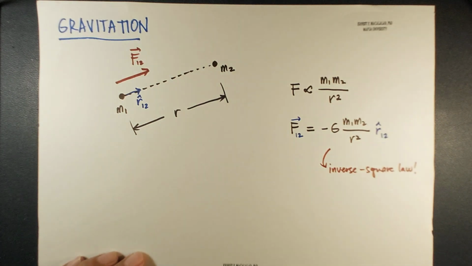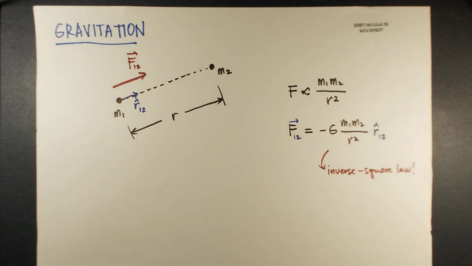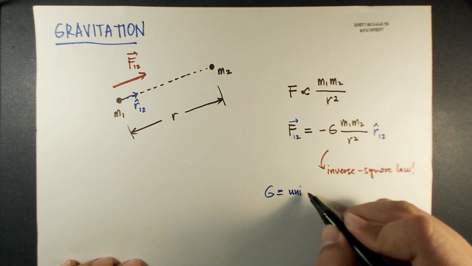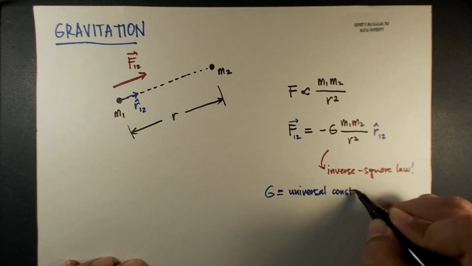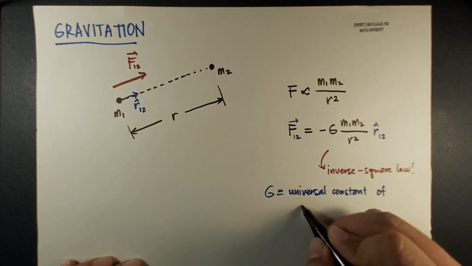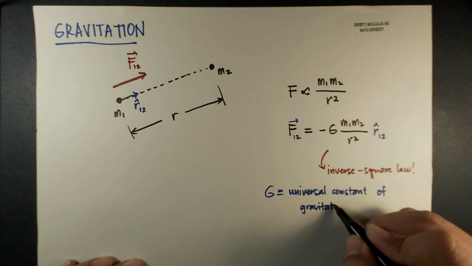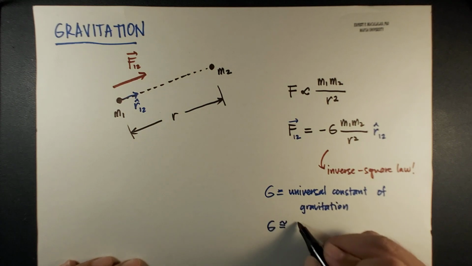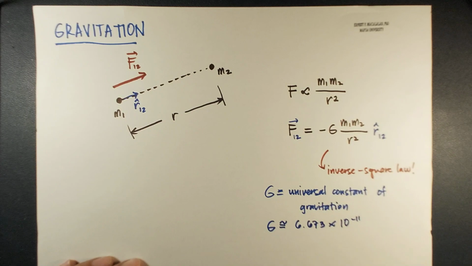Also, this proportionality constant G can now be expressed in terms of a constant. We call this G the universal constant of gravitation. And this is numerically equal to 6.673 times 10 to the negative 11.